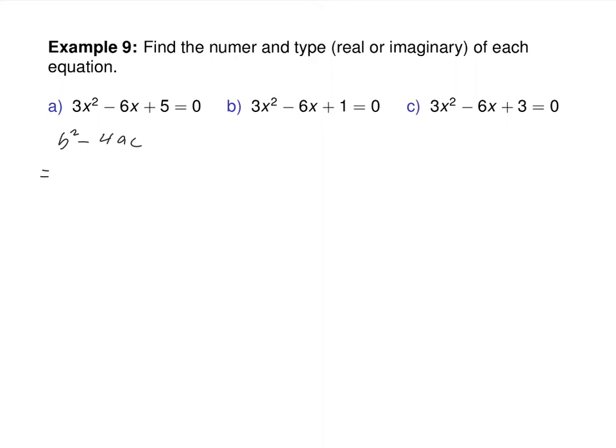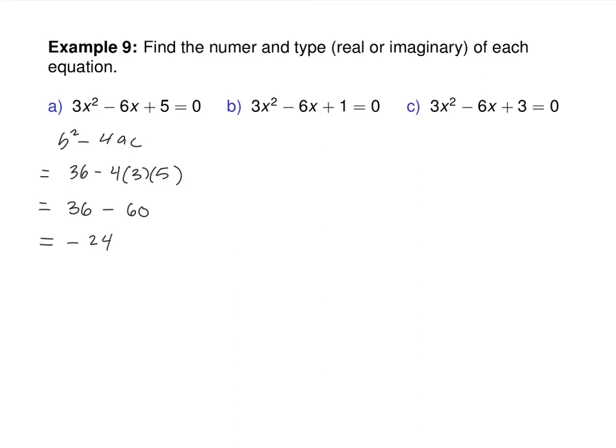So in this case, the b is -6, right? So what's -6 squared? 36 minus 4 times 3 times 5. So that's 36 minus a much bigger number, minus 60, which is negative how much just for practice? 24.